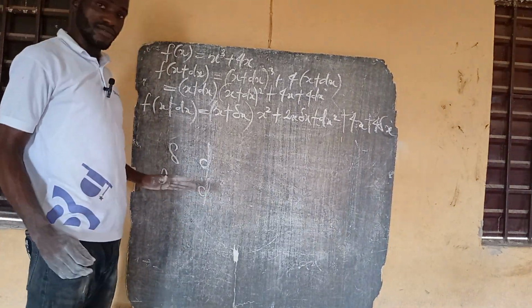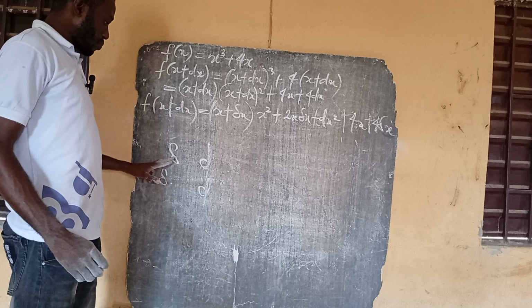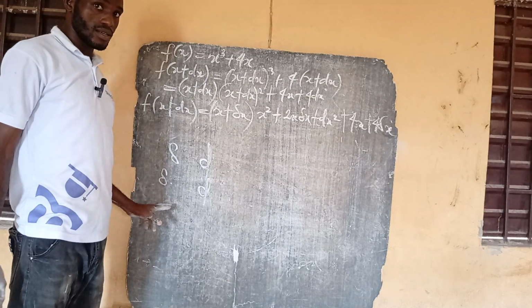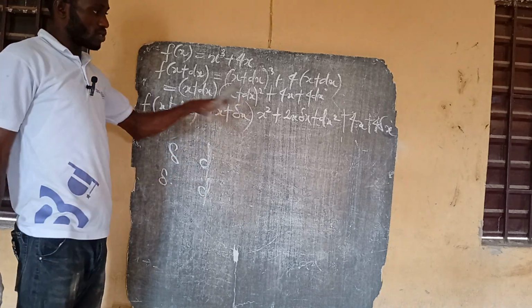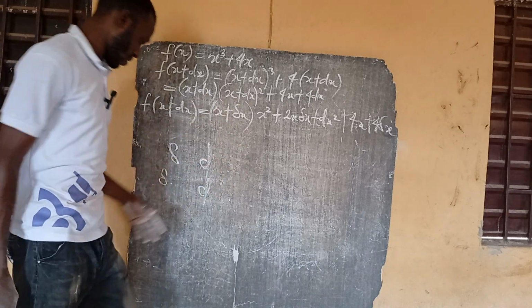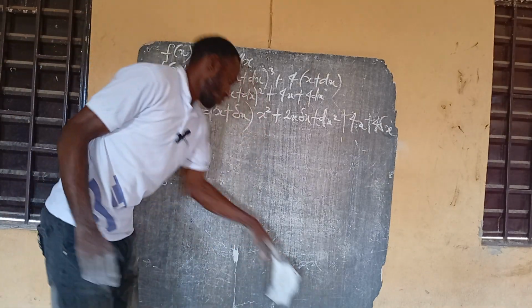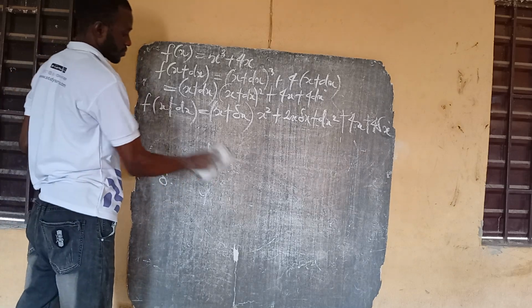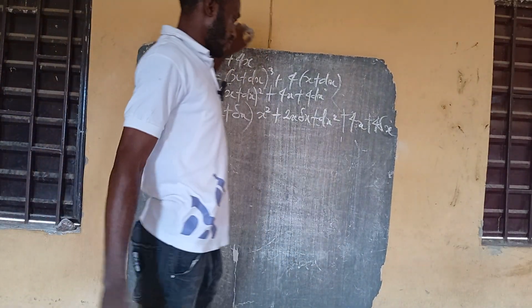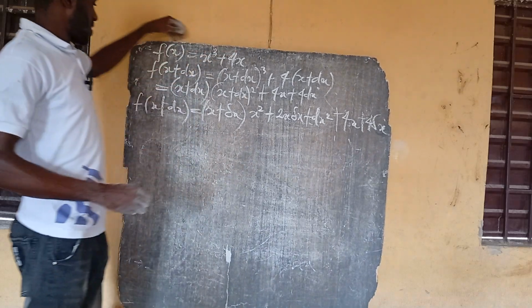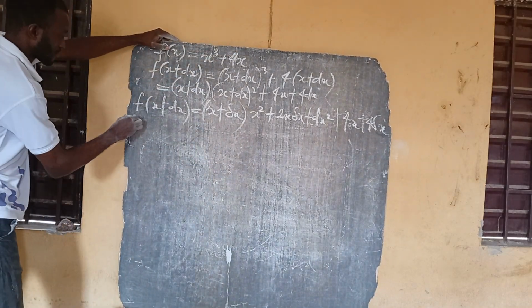This one means derivative and this is partial differential. Partial derivative. But for now, let's just use it together. Because when you begin to do order of differential equation and all of those things, you know that there is a difference. Okay? All right.